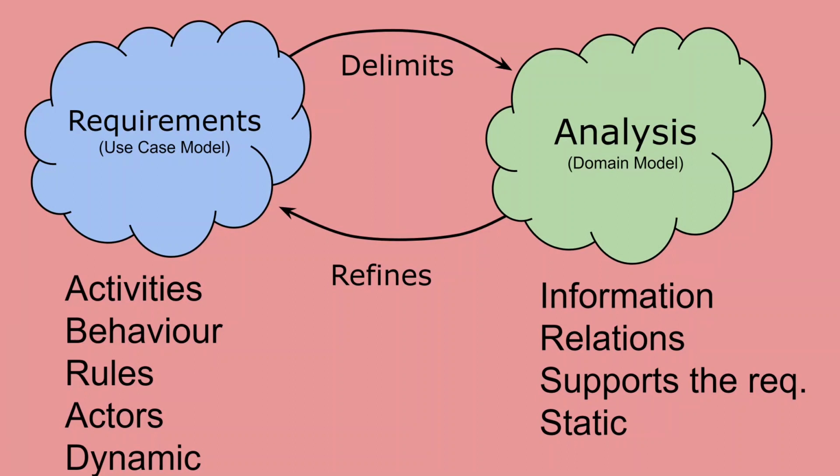We saw this maybe in the small example that we needed to know what students had attended what courses because we had this idea that we wanted someone to be able to know that for a particular course, these particular students had attended the course. This is important: the requirements and the domain model coexist. The requirements delimit the domain model, and the domain model finds problems and opportunities in the requirements, so it refines the requirements and makes them better.